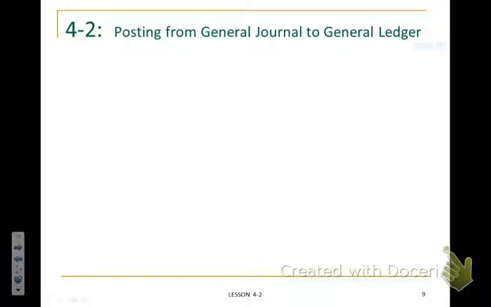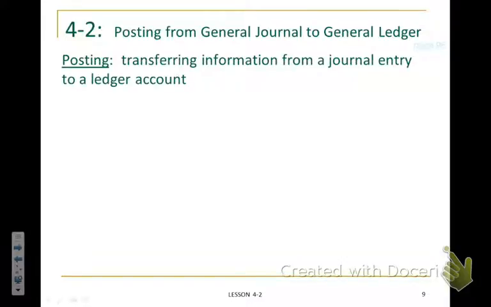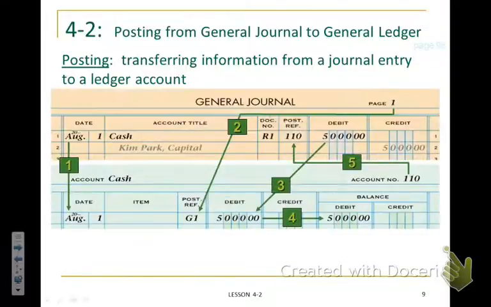That's important information. So we post the information from our journal to our ledger, and that's the process we're going to go over today. Posting is just simply the transferring of information from the journal to the ledger. It's taking the information that's here in our journal and then putting it into the ledger.